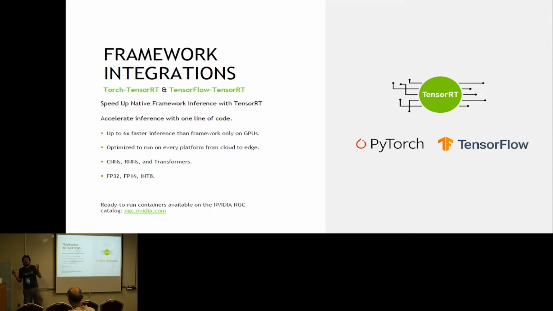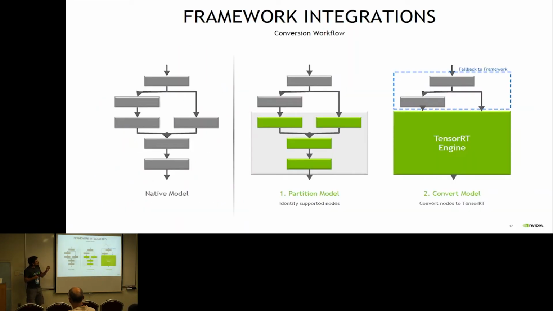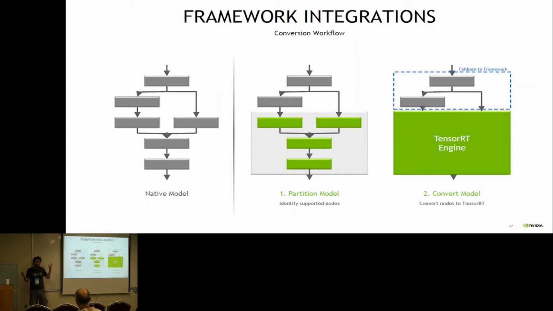If you are developing some new neural network with research layers that is hard to convert to TensorRT, then there are frameworks called Torch-TensorRT and TensorFlow-TensorRT. TF-TRT is even part of TensorFlow. What they allow you to do is convert only the subgraph of your model which is supported by TensorRT. That allows you to combine the best of both worlds.